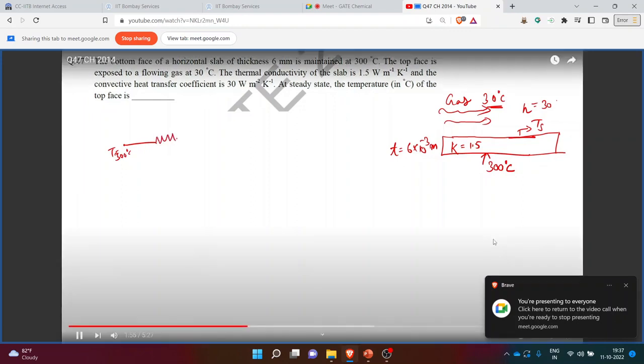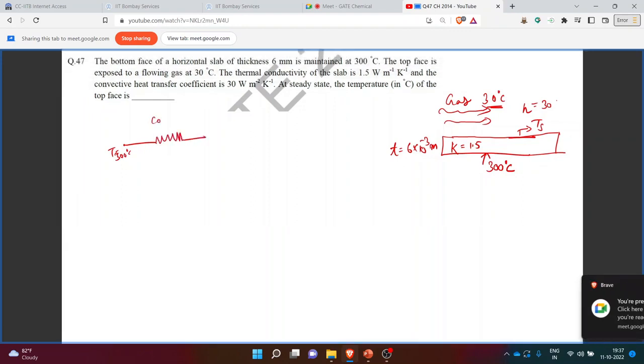Then we will have conduction resistance over here, that is R1, and over the surface we will have convective resistance, that is R2. Ultimately the temperature over here is 30 degrees Celsius, and over here we have Ts, the temperature of the surface.